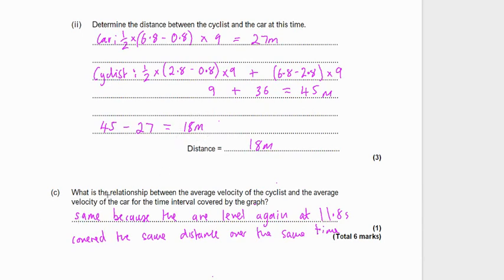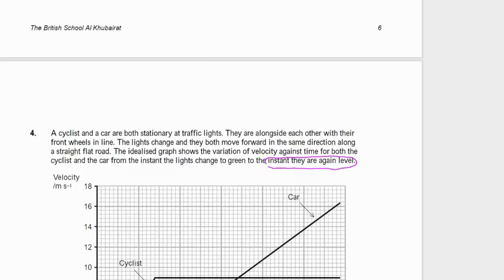Now, what is the relationship between the average velocity of the cyclist and the average velocity of the car? Now, this is kind of a trick question. How do we work out average velocity? It's the total distance divided by the total time. Because they end up at the same place at 11.8 seconds, as it says in the question, they level again.